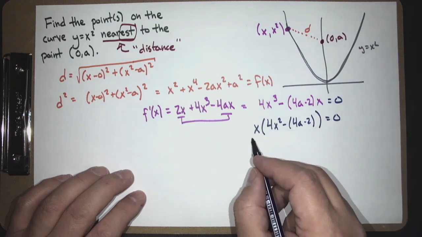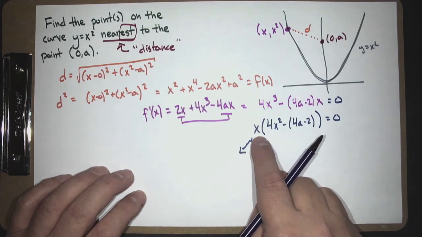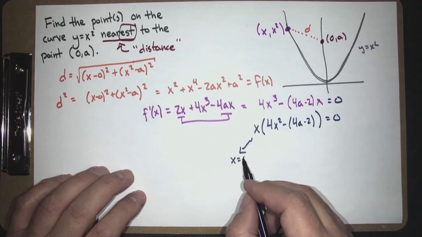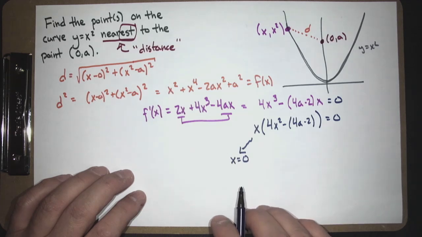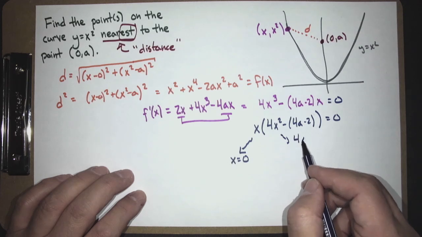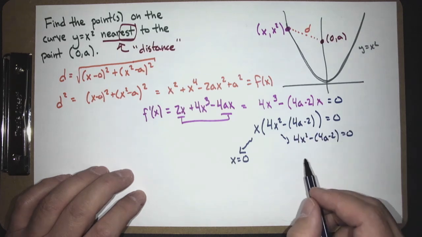Okay, so that leads us to two possibilities. First question, when does x equal 0? Well, the answer is when x equals 0. The second, when does 4x squared minus this quantity (4a minus 2) equal 0?